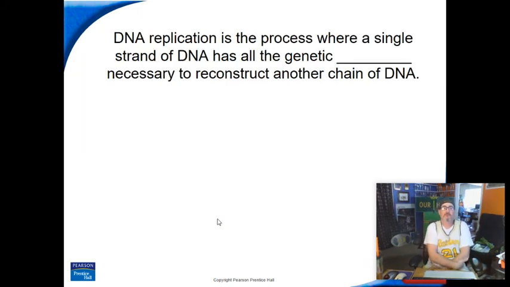DNA replication is a process where a single strand of DNA has all the genetic information necessary to reconstruct another chain of DNA. If you can't remember, you might want to take a look back at number 29. Yeah, genetic information.